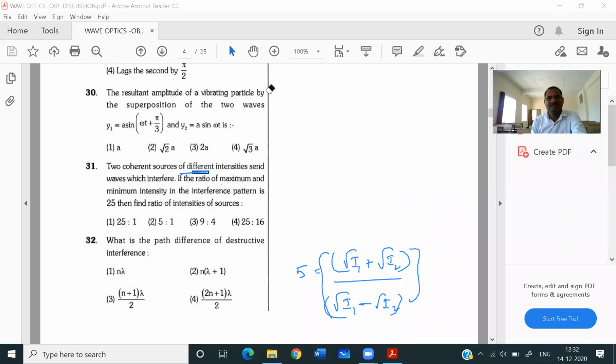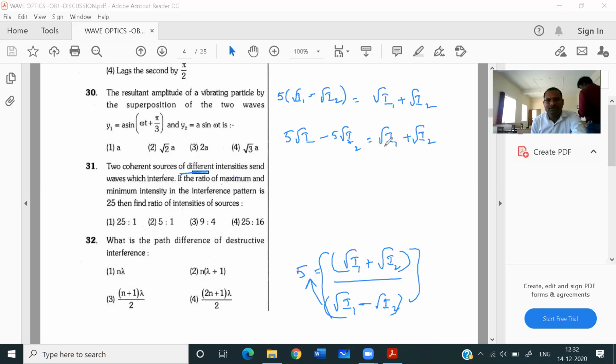Cross multiply this: 5 times (root I1 minus root I2) is equal to root I1 plus root I2. So it will be 5 root I1 minus 5 root I2 is equal to root I1 plus root I2.